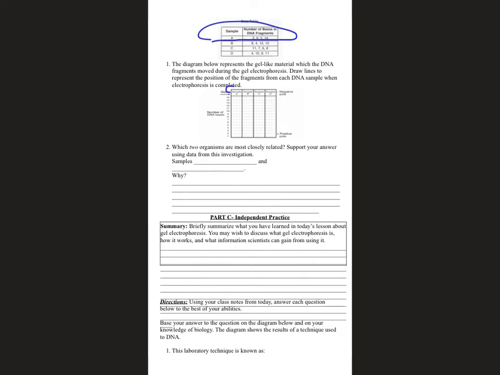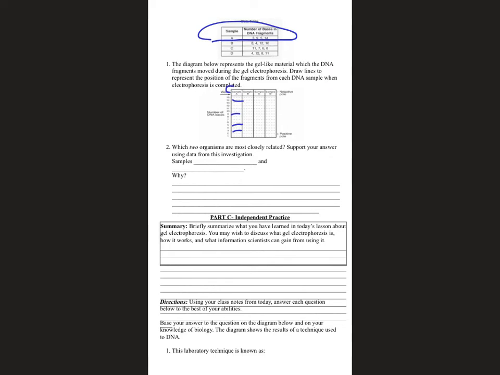What I'm simply going to do in sample A is find line 3 and make a line there. Try again. 3. My next number is 9, so I'm going to place a line on 9. My next number is 5, I'm going to place a line on 5. And my last number is 14. And there we have the DNA fragments for sample A.